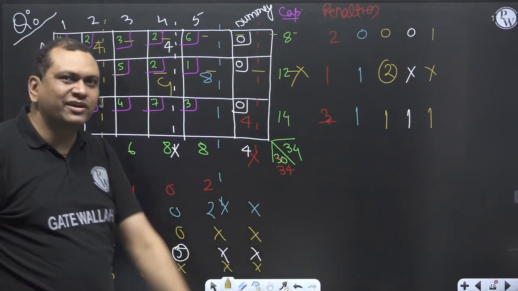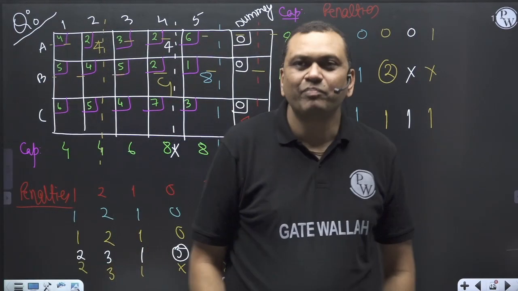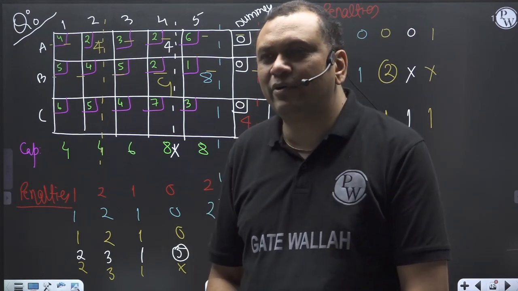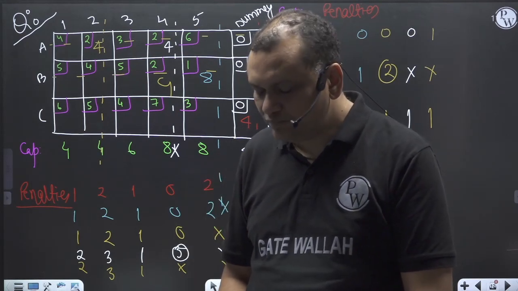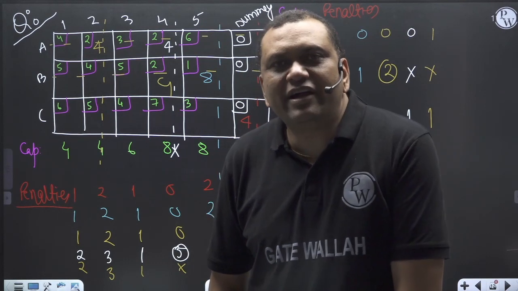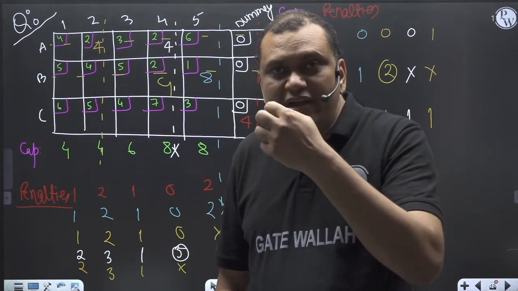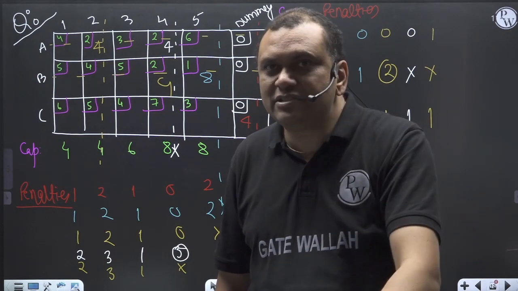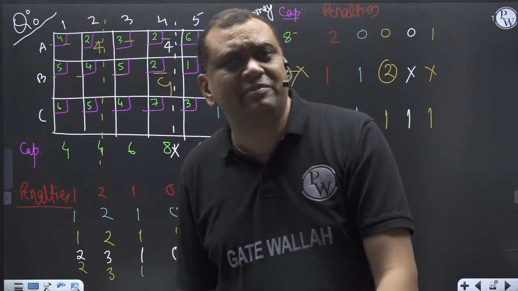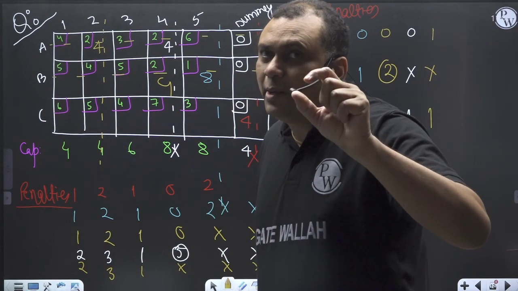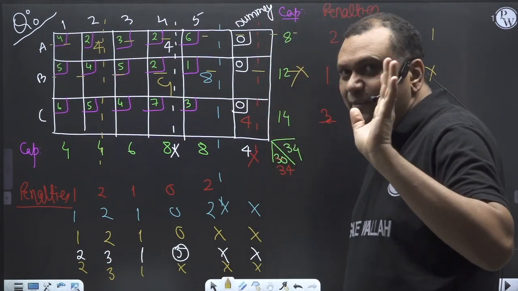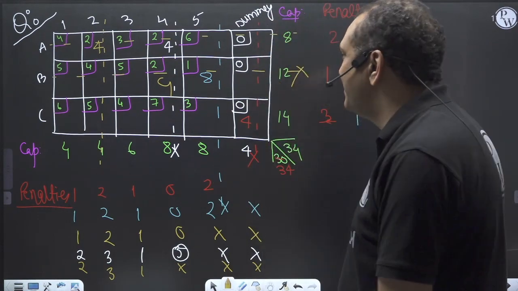Here there is a very, very important point. While allocating during the initial basic feasible solution using Vogel's approximation method, see very carefully what I am telling you.